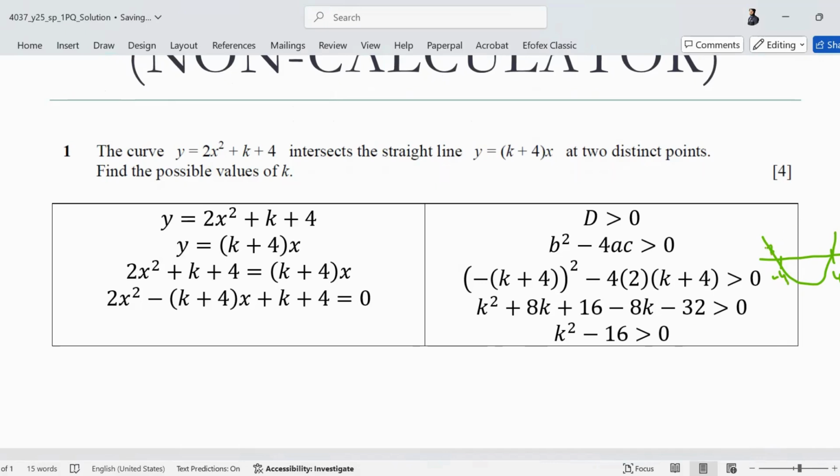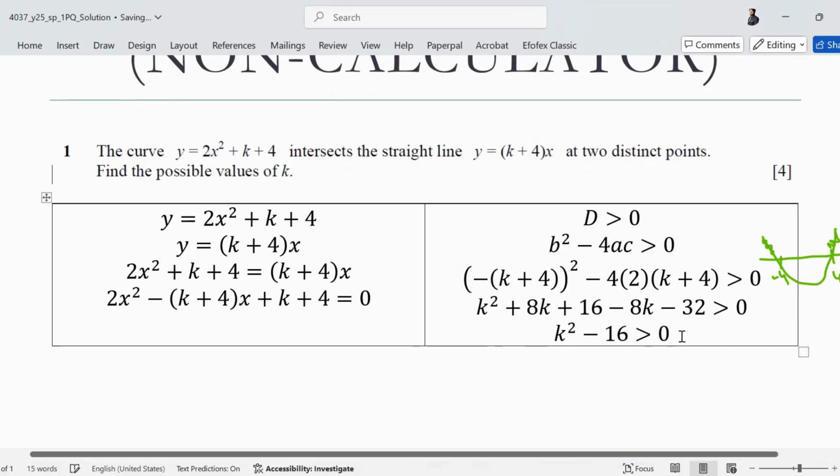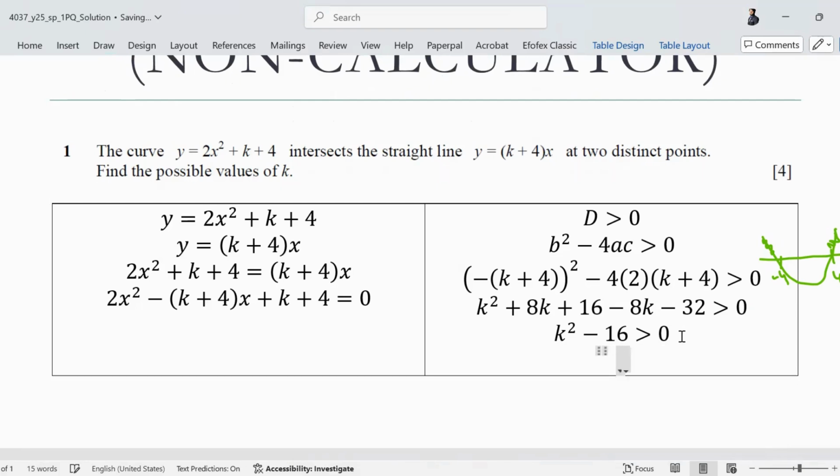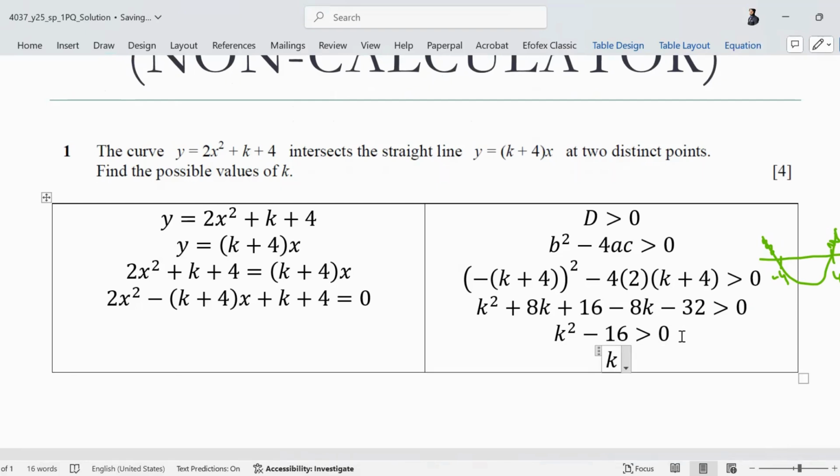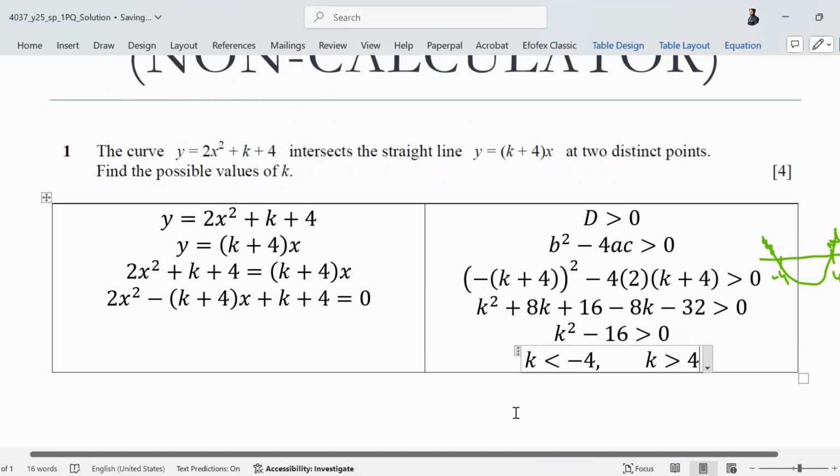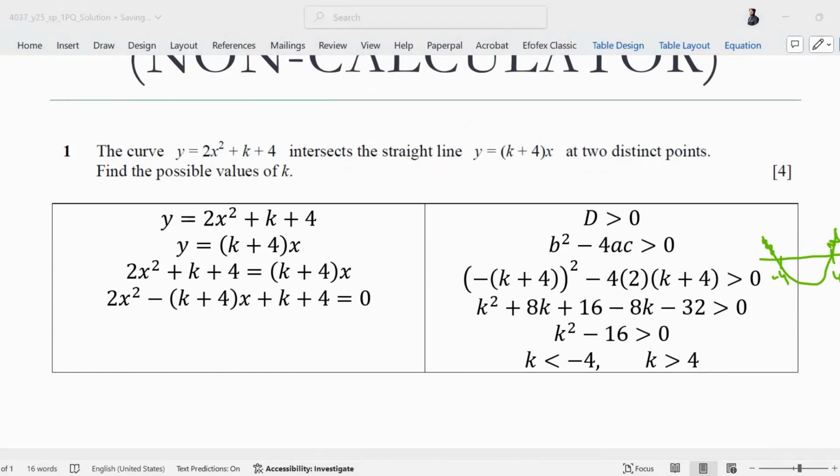That means it is above the x-axis. So this region or this region. If you're confused about quadratic inequalities, feel free to go to my other video in which I've explained it in detail. So k will be less than negative 4 and k will be greater than 4. So this is how we can do this first question.